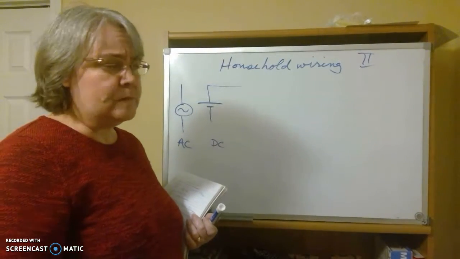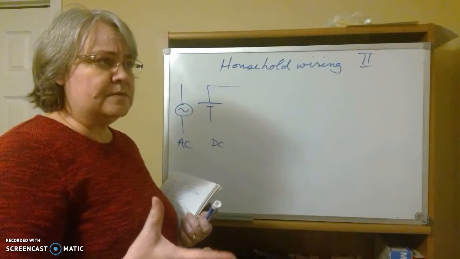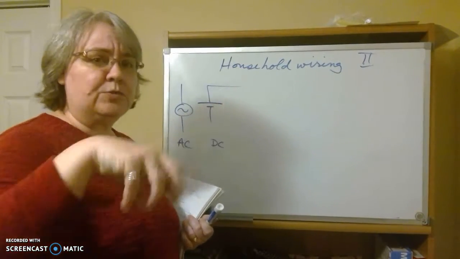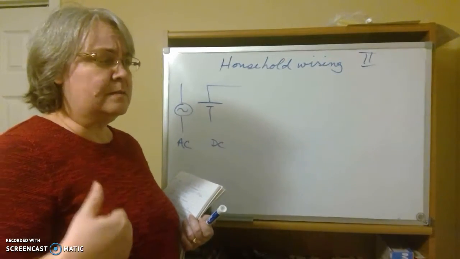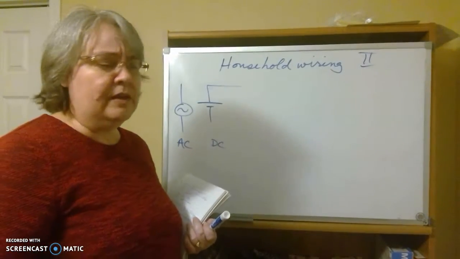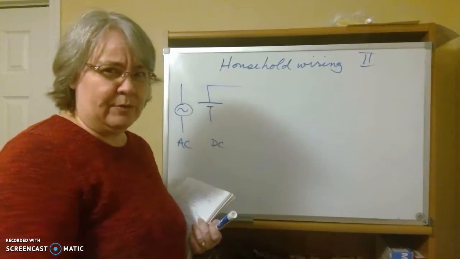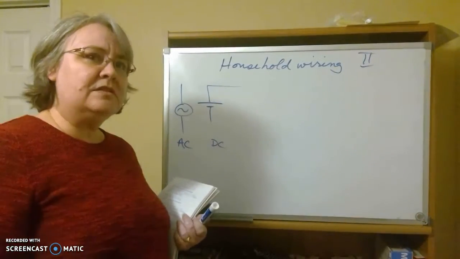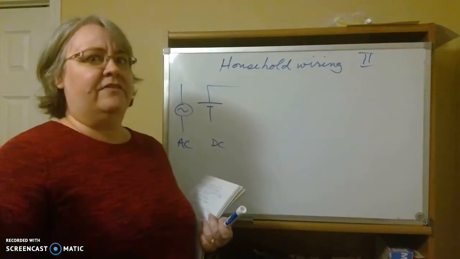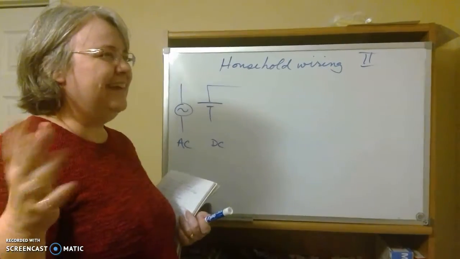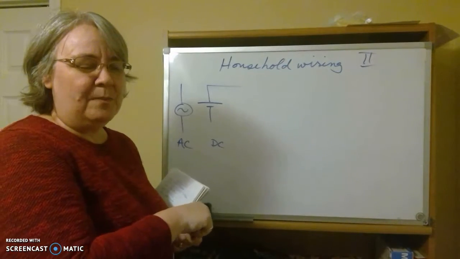So it's more economical. DC systems have to be much more localized. So for example, I can use a DC system to power my household, but I don't want to power an entire neighborhood that way.